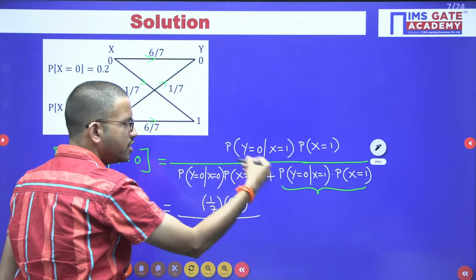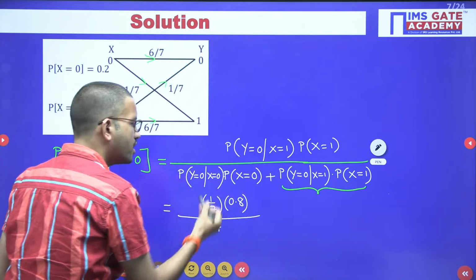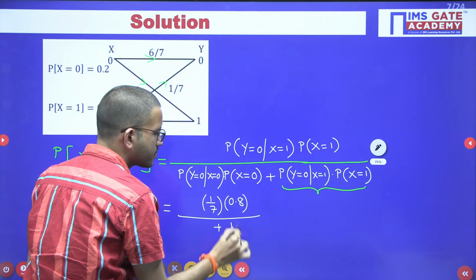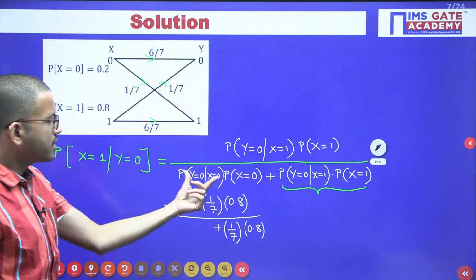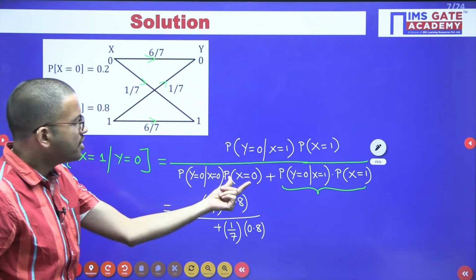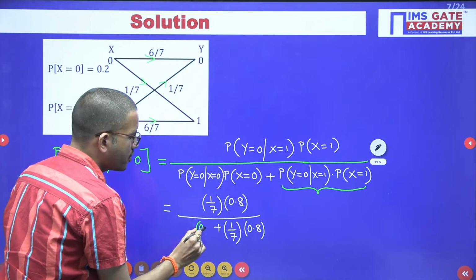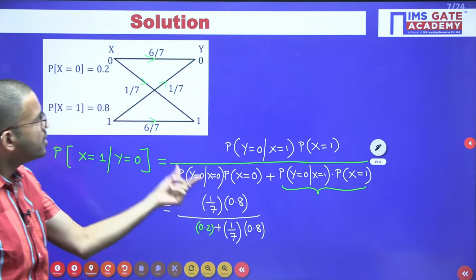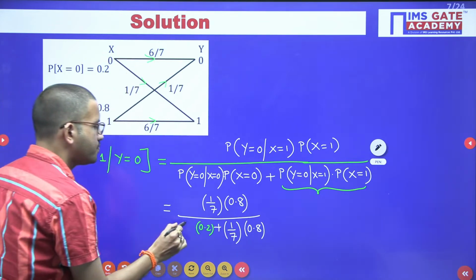Similarly, whatever you have written here is the same term as the second one in the denominator, so you can copy this part as it is: 1 by 7 into 0.8. Now let us write the other expression. Probability of x equal to 0 is 0.2, into probability of y equal to 0 given x equal to 0, which is 6 by 7.